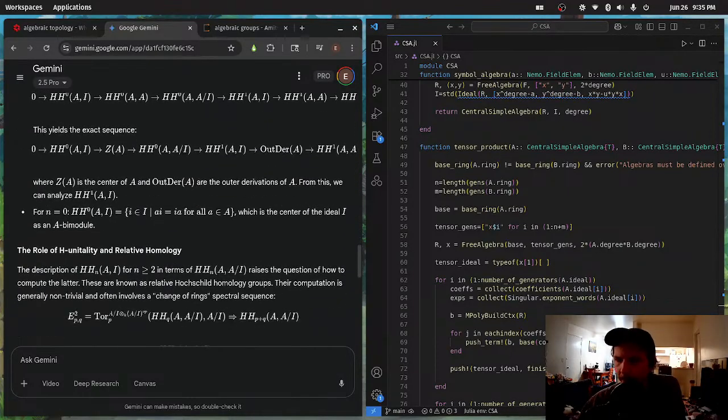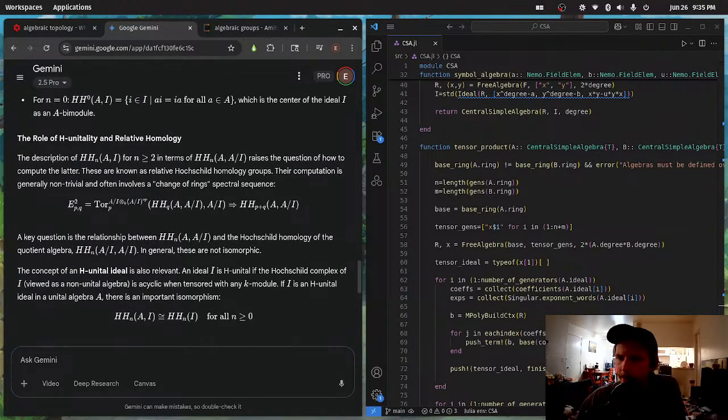And then what's it say after this? The role of H-unitality in relative homology. Description for n greater than or equal to 2 in terms of HHn raises the question of how to compute the latter.